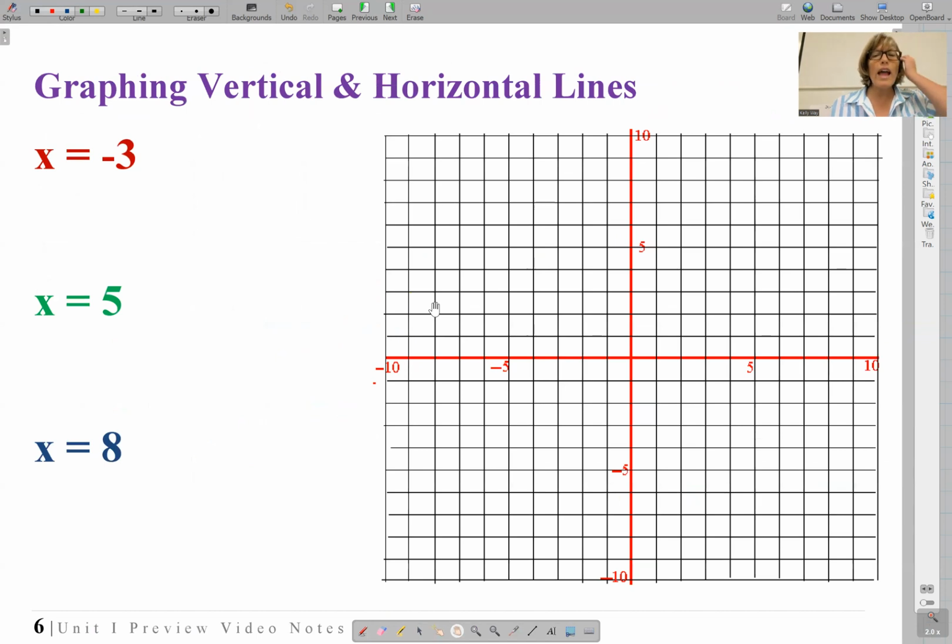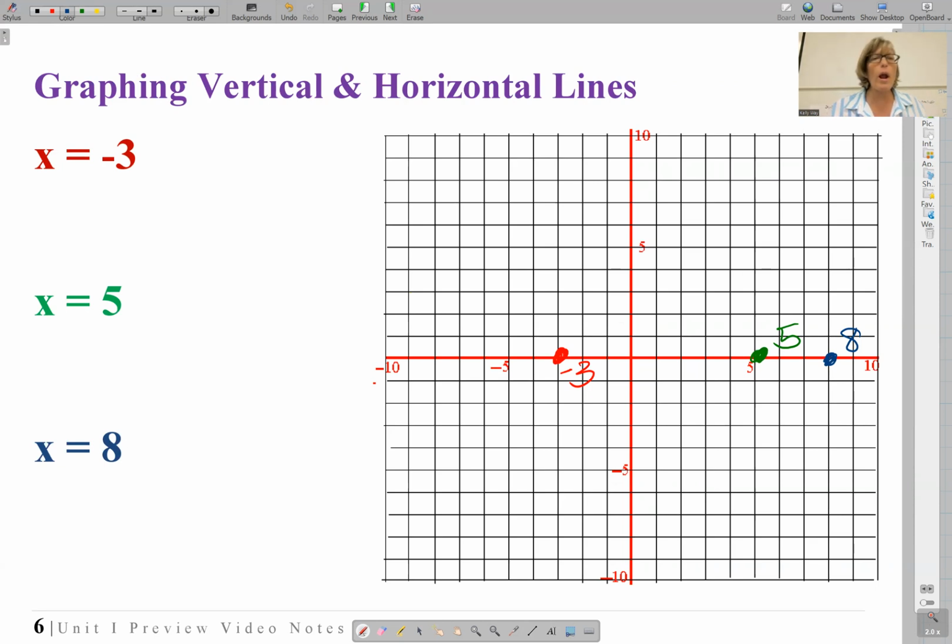If I told you to graph x equals -3, x equals 5, and x equals 8, watch very carefully. x equals -3. x equals 5. And x equals 8. What I just did was incorrect.